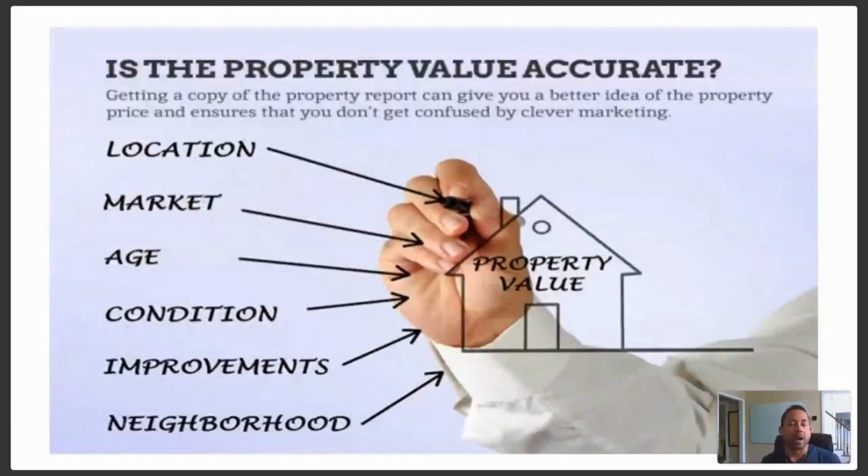Is the property value accurate? Here are some of the things that we are going to be considering: the location, the market, the age of the property, the condition of the property, any improvements that have been made on the property, and then the neighborhood. So let's jump into all of these a little bit.